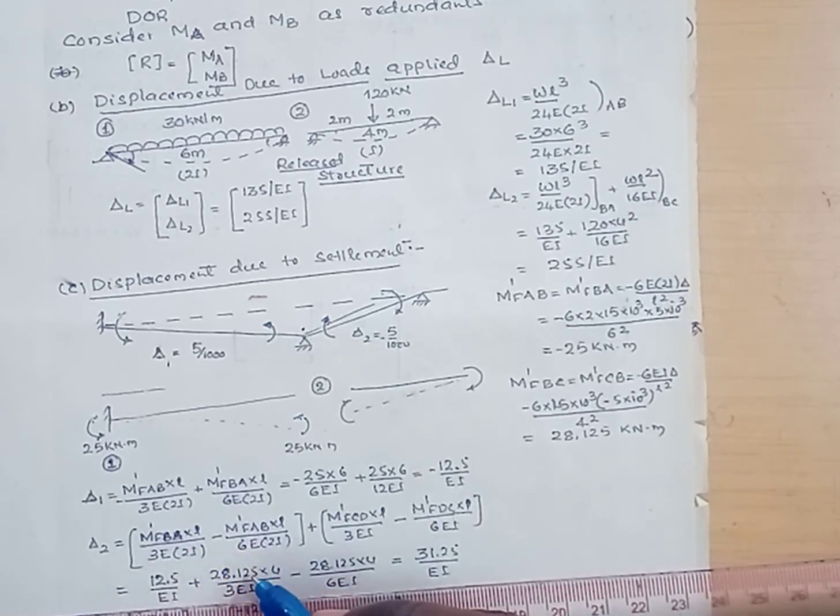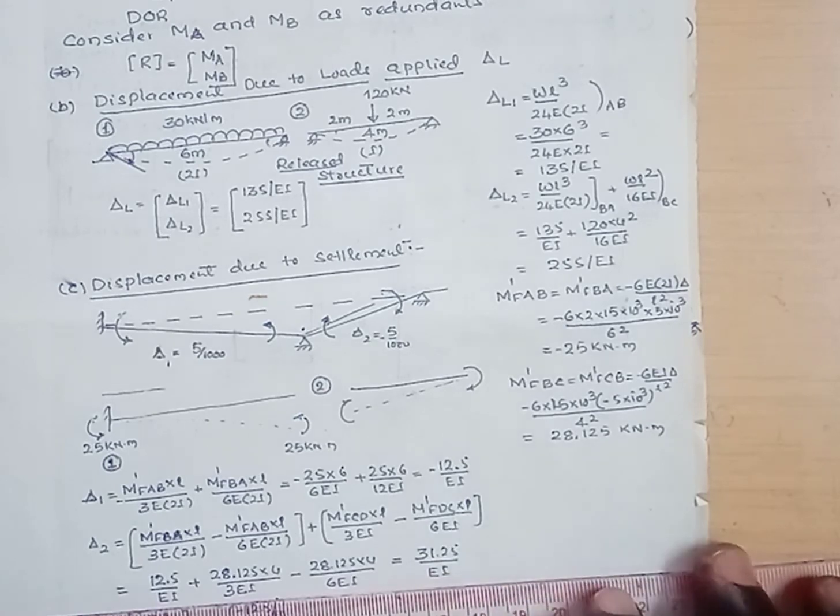Similarly, at coordinate 2, due to MF bc, that is 28.125 into 4 divided by 3EI minus 28.125 into 4 divided by 6EI. After simplification, you will get the displacement at coordinate 2 due to the sinking of the support as 31.25 by EI.